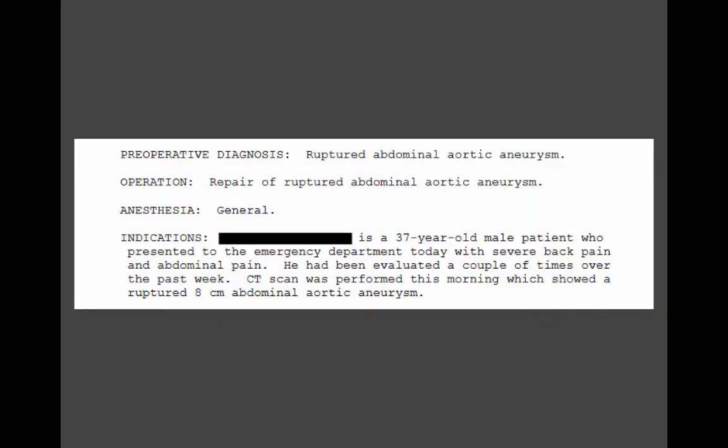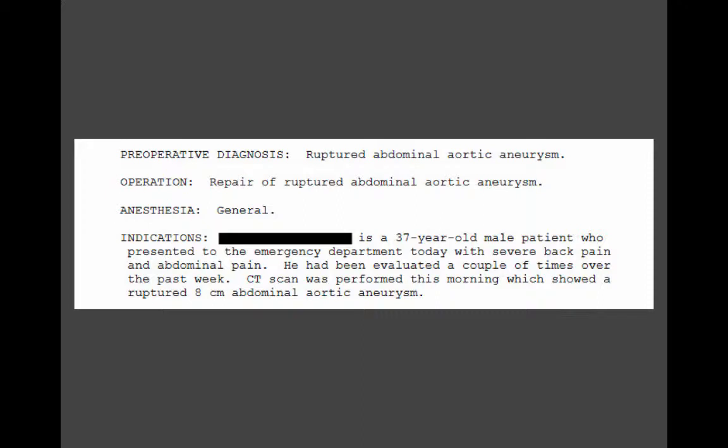As I mentioned, we see a ton of these. These are scary. These can also be easy to misdiagnose. This is a case where a patient came in a couple times, was seen by a number of different local providers and misdiagnosed. A 37-year-old guy with bad back pain.